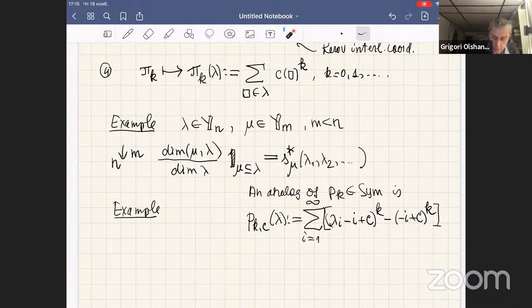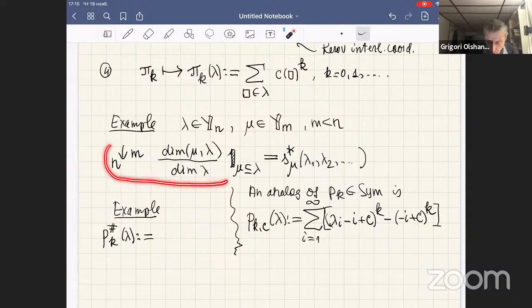And one different analog is the following. So I want to define another object, which is defined by strict analogy with this one.